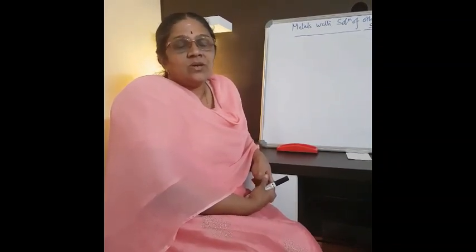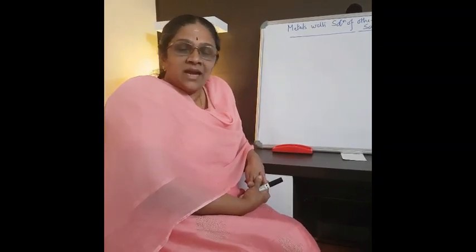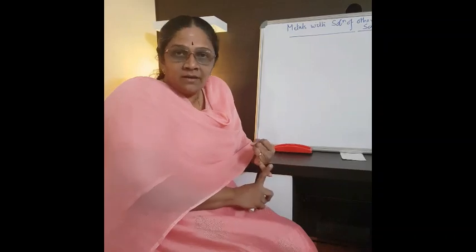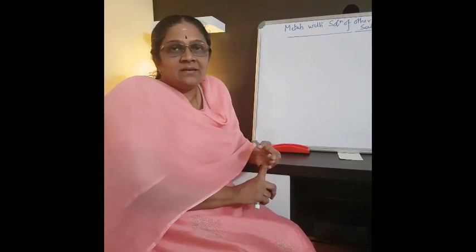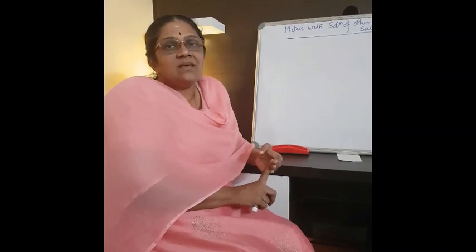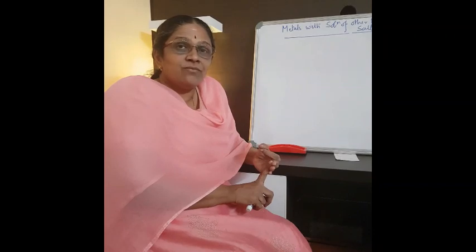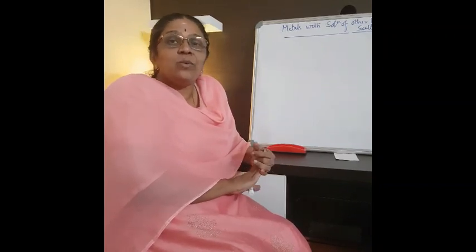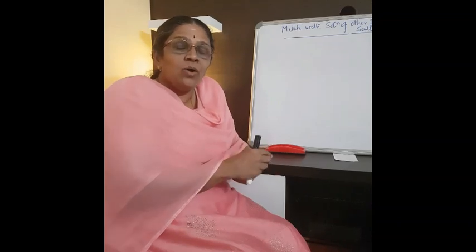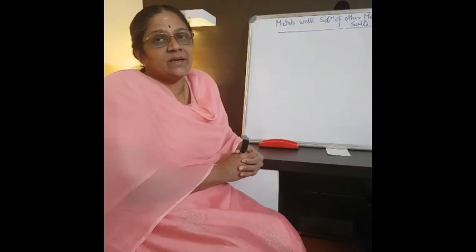Okay. So last class we have seen the reaction of metals with air, then water, then acid, and today we will see the reaction of metals with solution of other metals. Till now we have an idea of how different metals react with different reactivity.